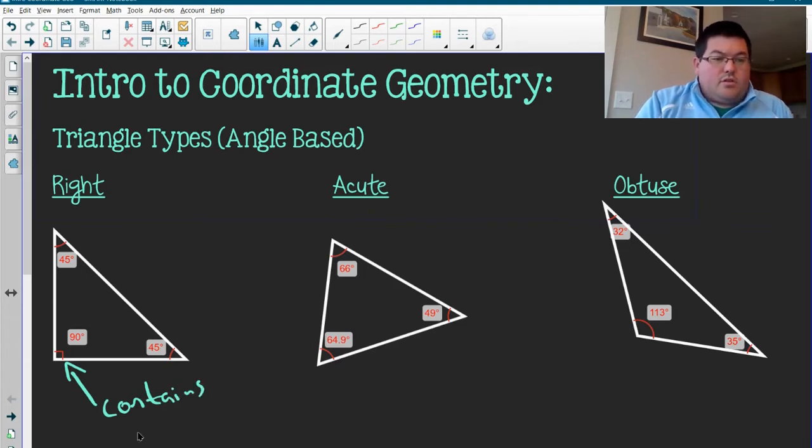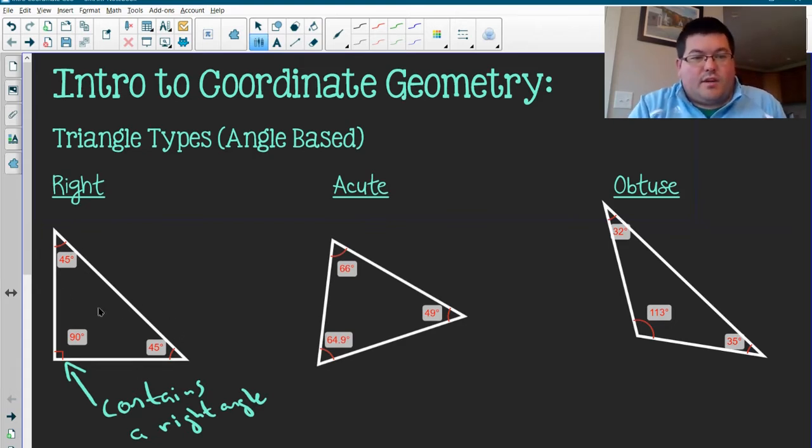So as long as a triangle contains a right angle, it will be considered a right triangle. These do not have to be identical in order for them to be a right triangle. That just happened to be the way this one drew up, okay? So right triangle has a right angle. Makes sense.